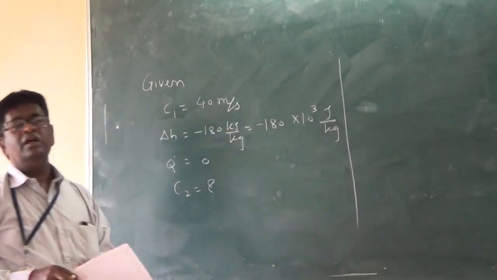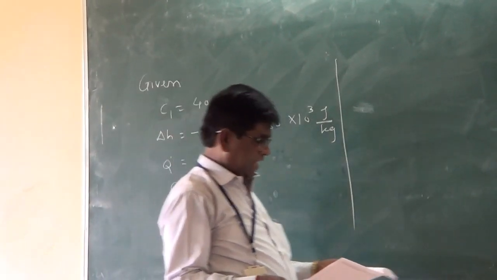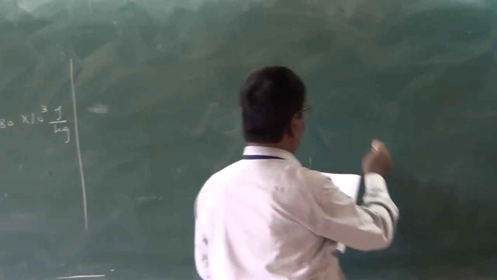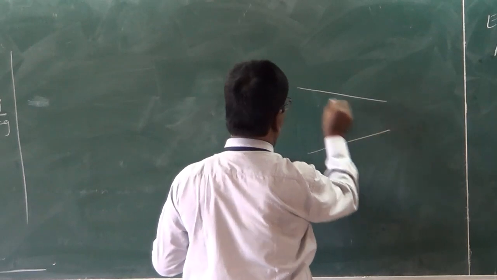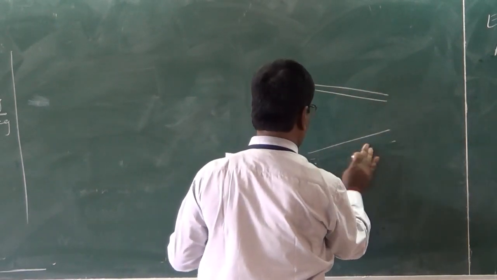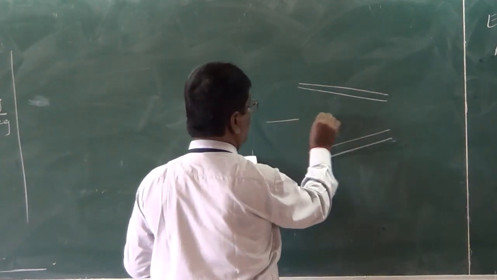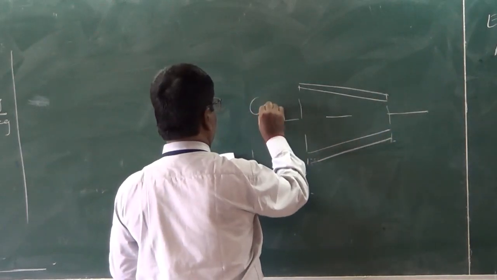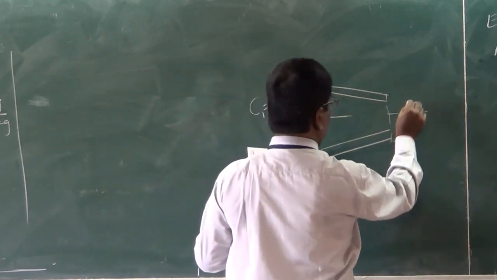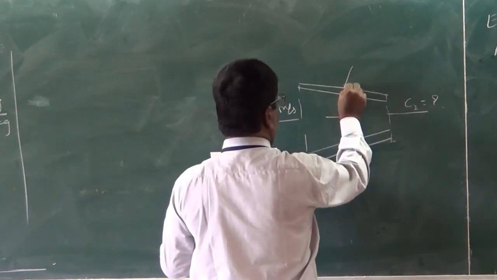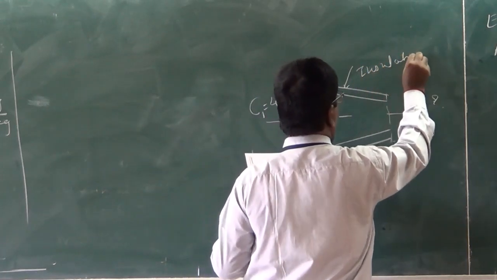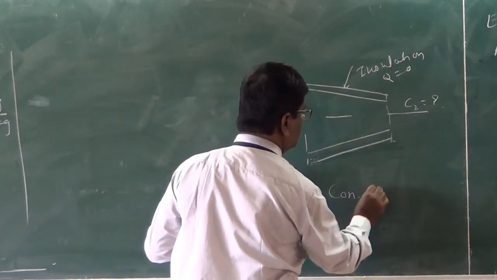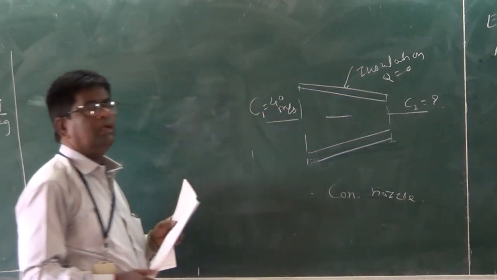Now we have to calculate C2. We can also show the diagram: C1 40 meters per second, C2 to be calculated, insulation, Q equal to 0, and a convergent nozzle. So this is the diagram.